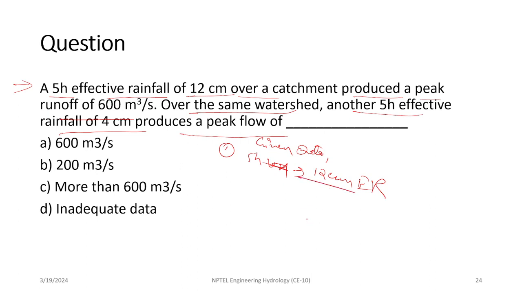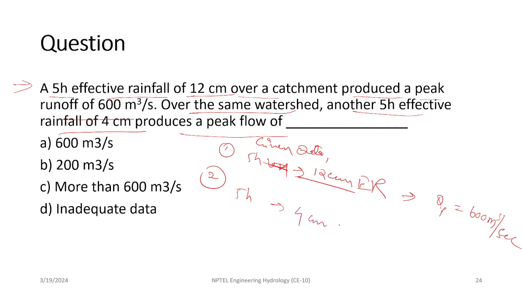Further information is given here that QP is 600 meter cube per second. In the second case, the catchment is the same, so properties will be the same. The 5-hour duration is the same here, but the effective rainfall is changing.